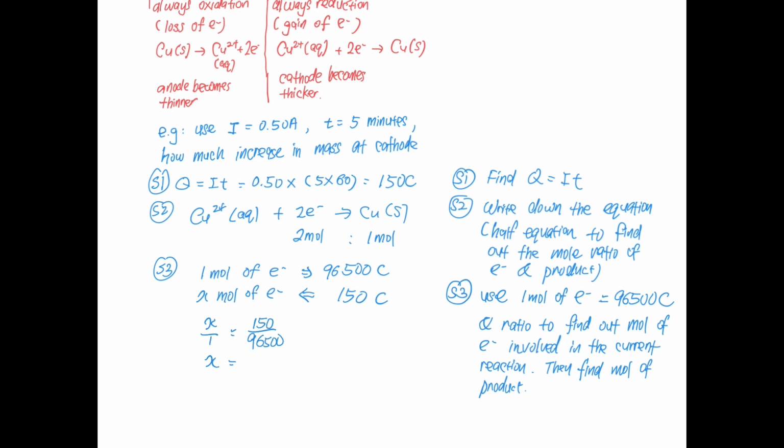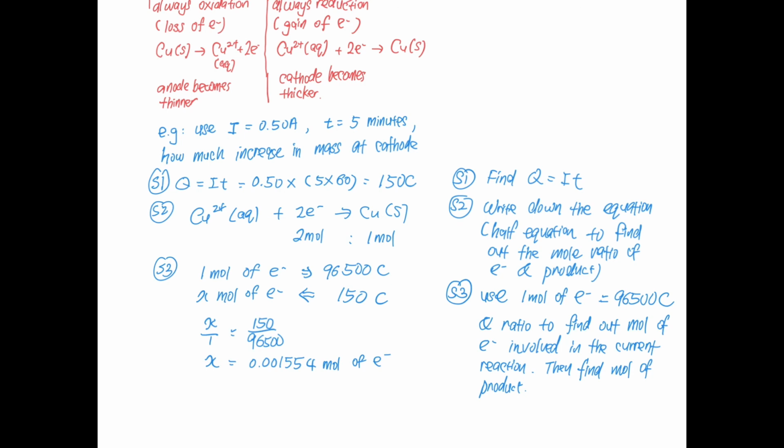So the x is 0.001554 mole of electrons. So we use ratio to get the x, the mole of electrons involved in the reactions that we are discussing now. So this is the number of mole.